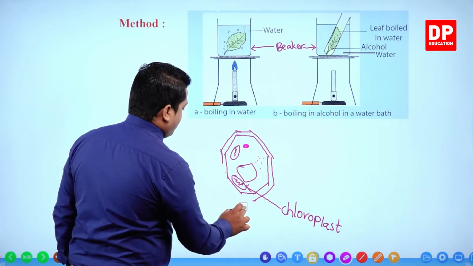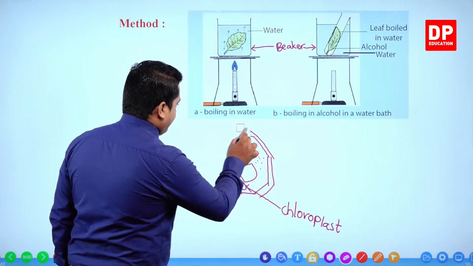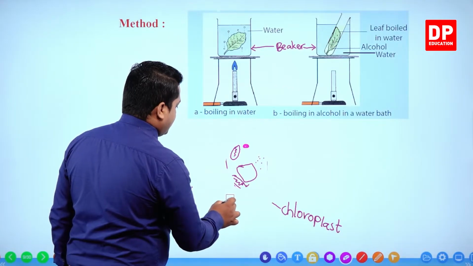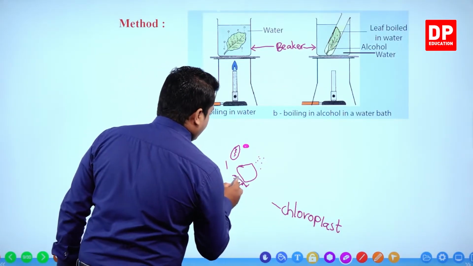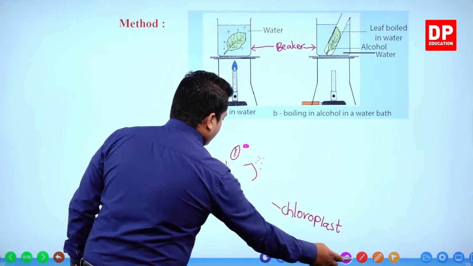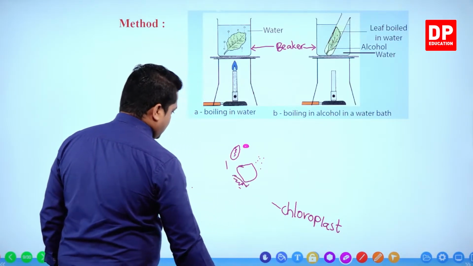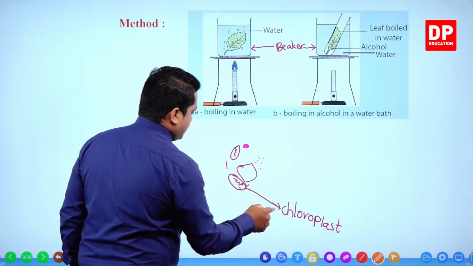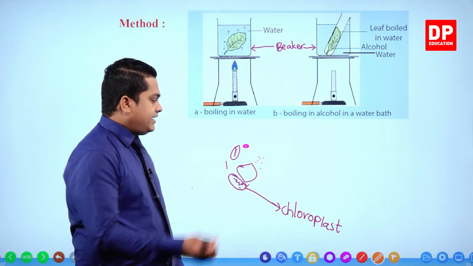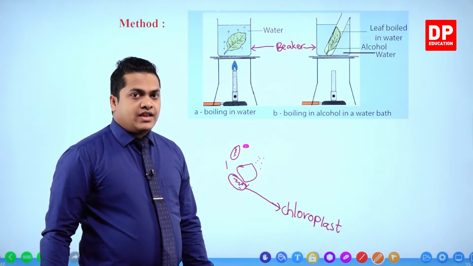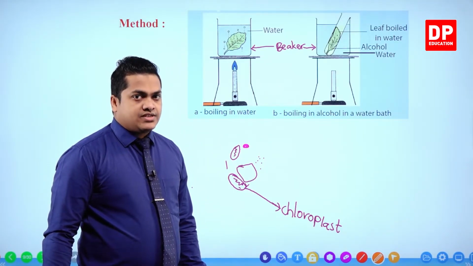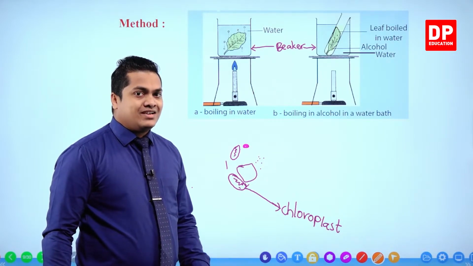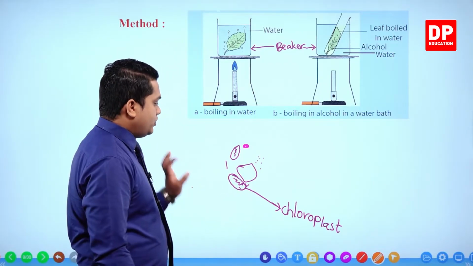Like this, we have to remove the cell wall and break it down. And now we have exposed the chloroplast. Now we can add whatever component we need for the test of starch onto the chloroplast.